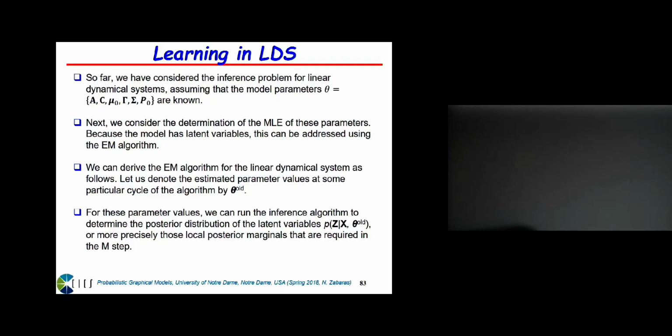That is the E step, done with all the parameters fixed at values theta old. That will require the sufficient statistics, because the expectation with respect to the posterior of z requires the mean of z and the other quantities we saw before. So that's part of the E step.